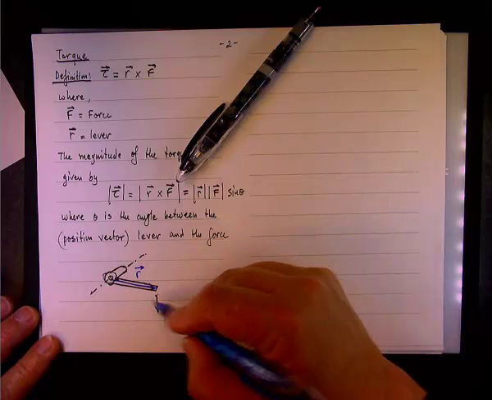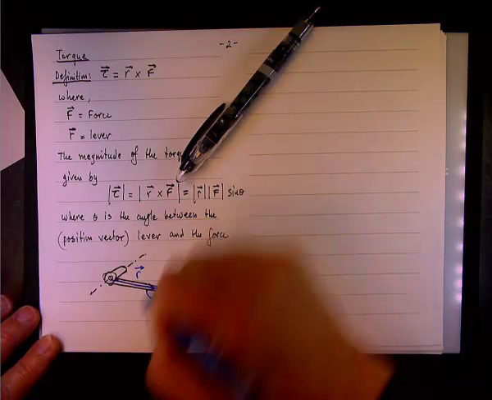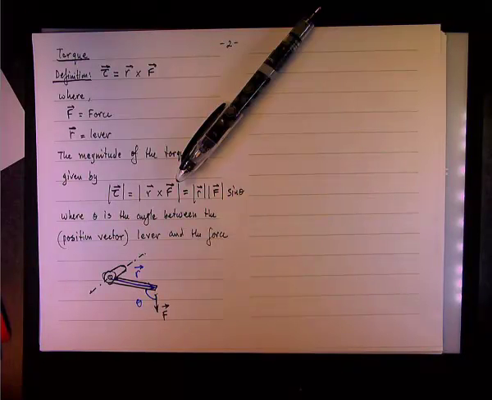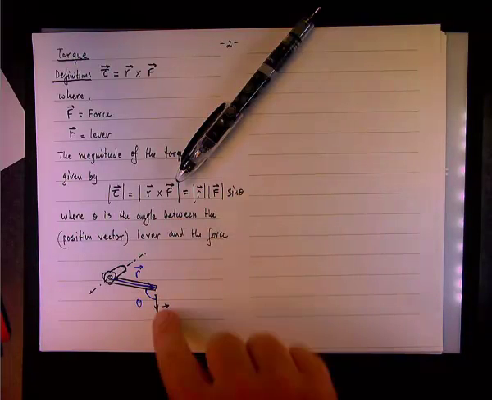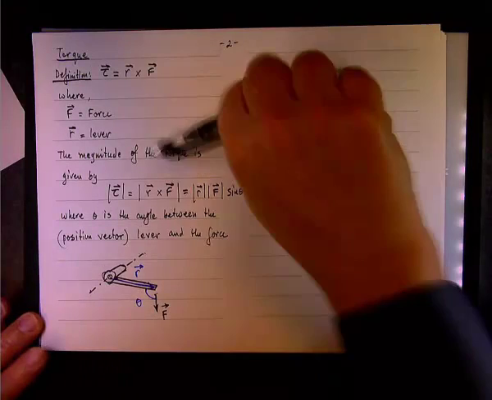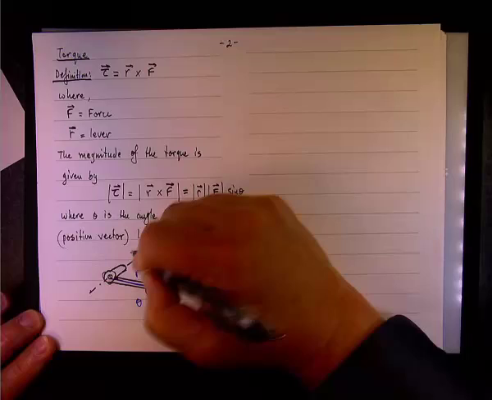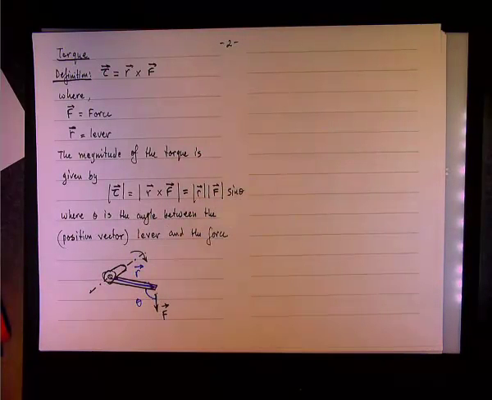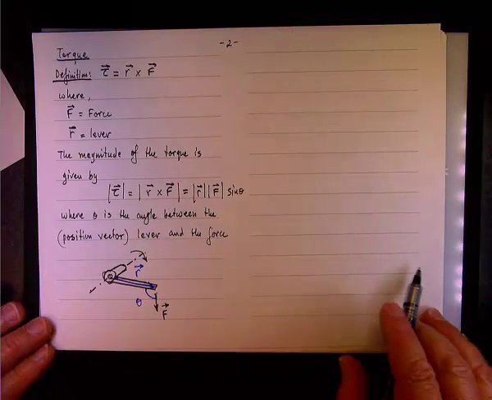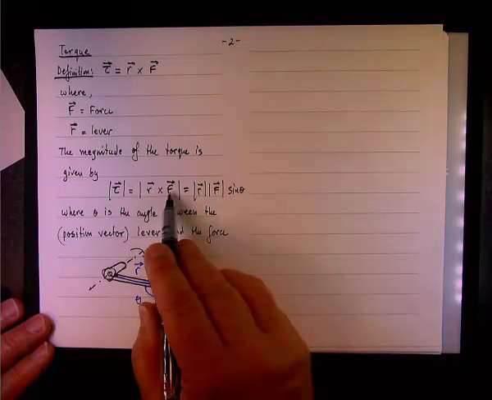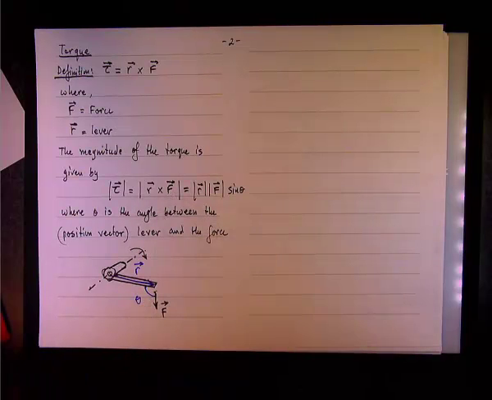Now, this is not necessarily 90 degrees. The angle here is theta. And we create the torque by applying this force and causing rotation. Of course, the rotation is going to be this way. Notice that this is the right hand.